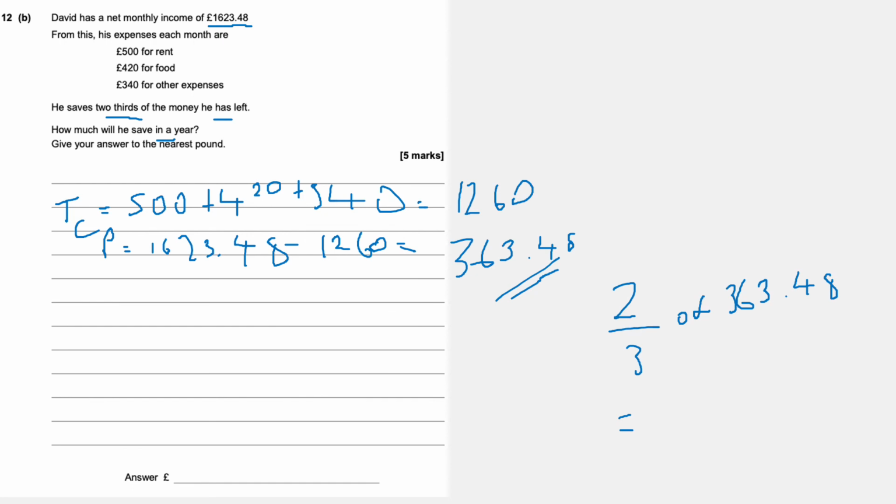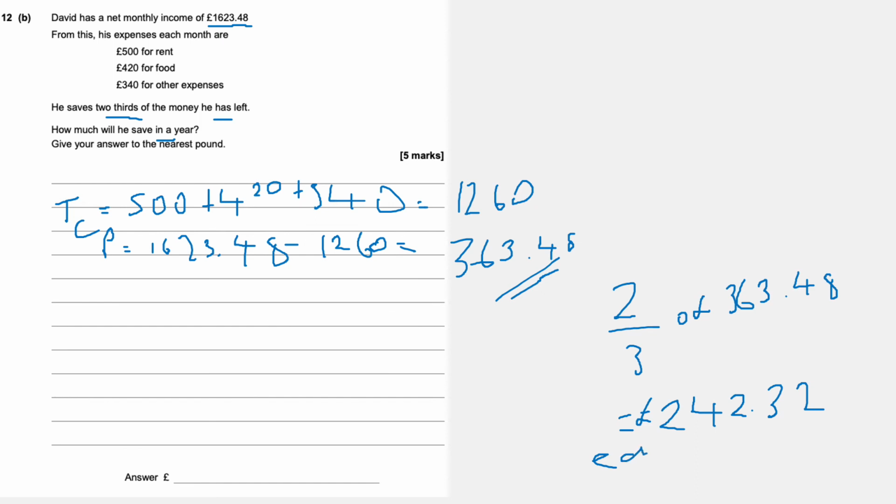So what I'm going to do is 363.48, divide it by 3, times it by 2. So he is going to save £242.32 each month.